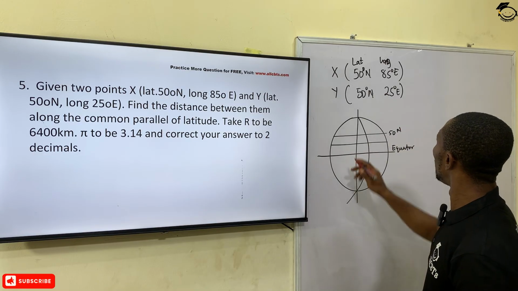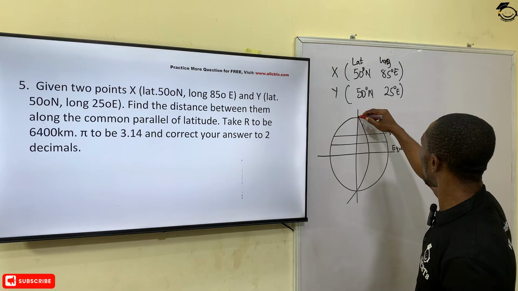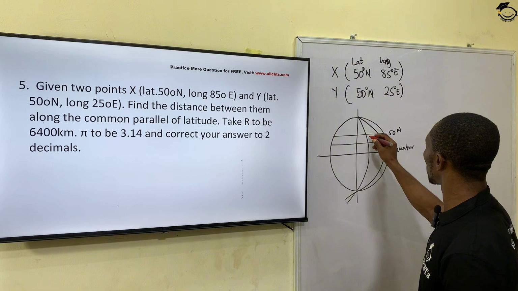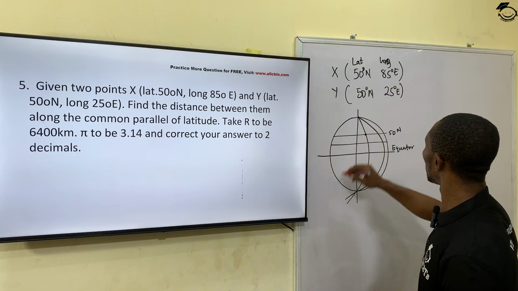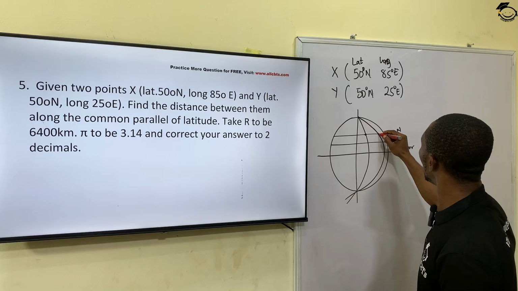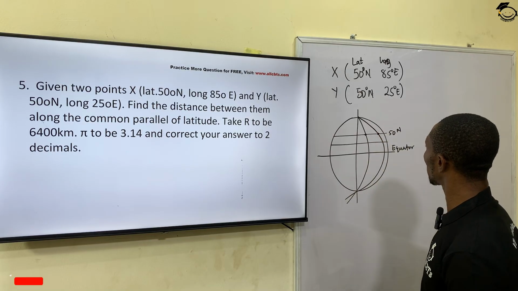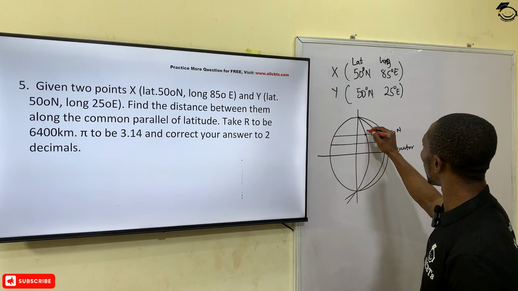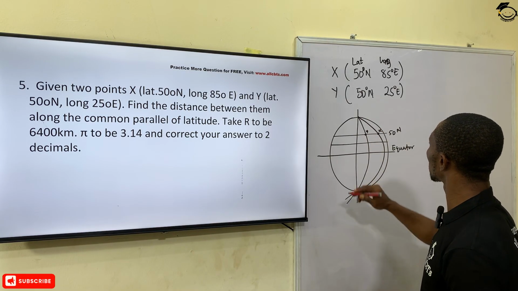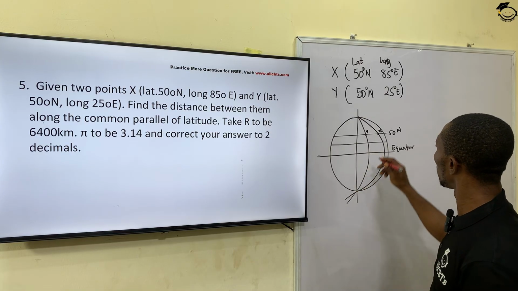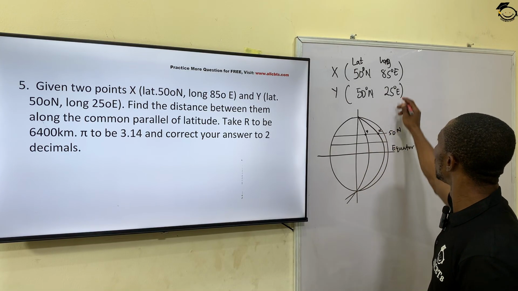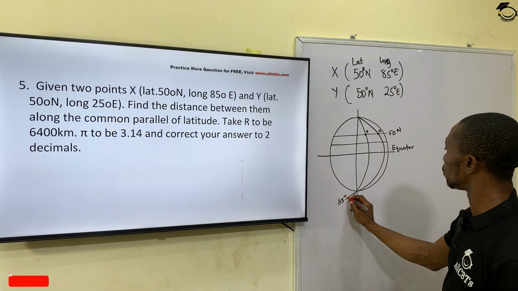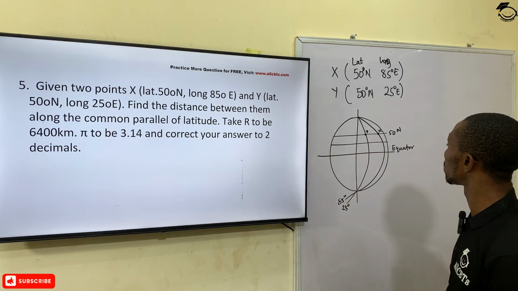Then we have our other line which goes through point X. This is X and Y. Our point Y and point X would be 85 degrees east and 25 degrees east.